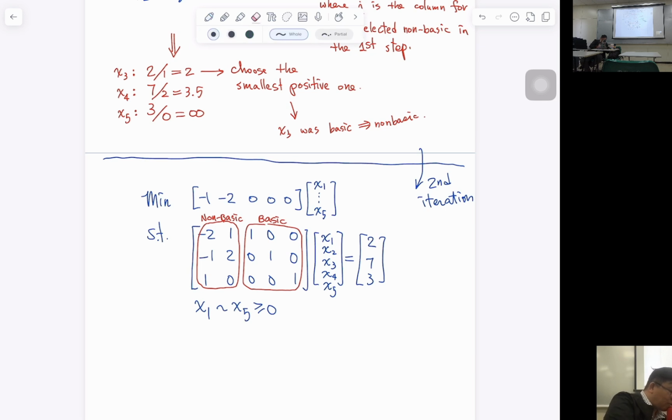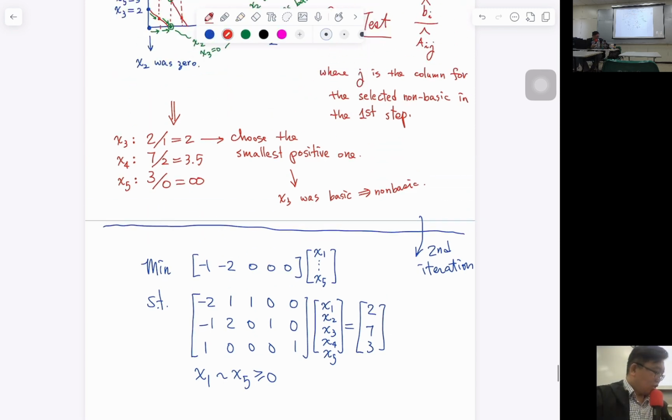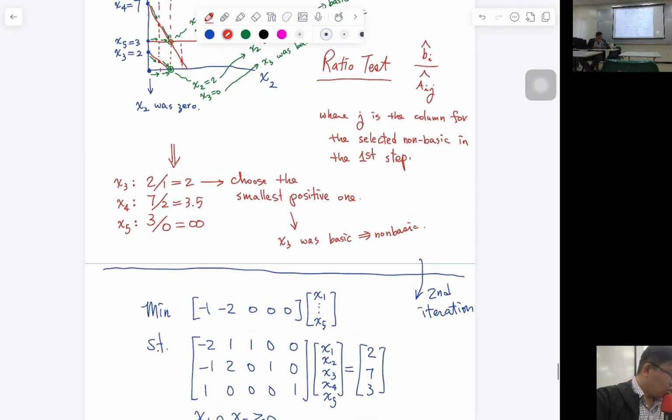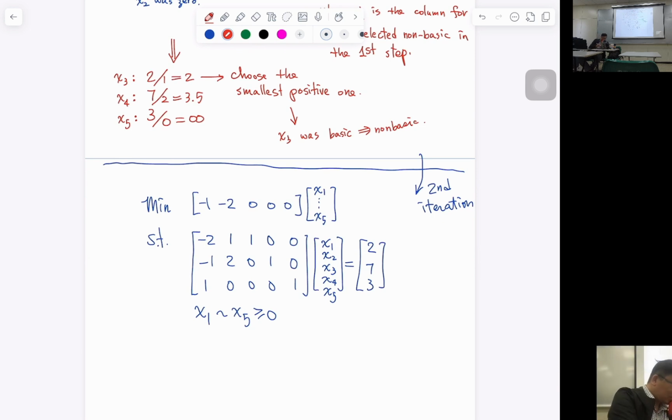Okay, so the important part is, let's focus on the original order. The original order was basic, basic, basic, non-basic, non-basic, right? Now, in the first iteration, we realize this guy changed to non-basic, this guy changed to basic.